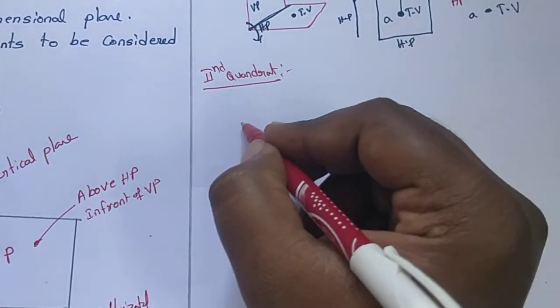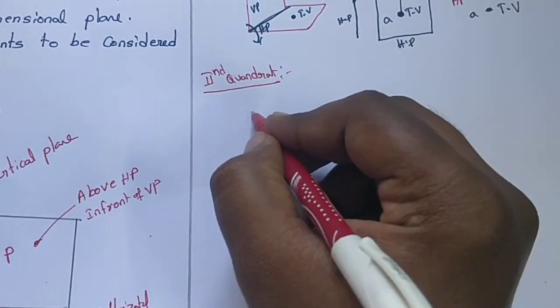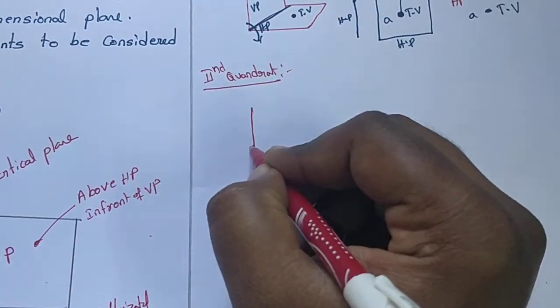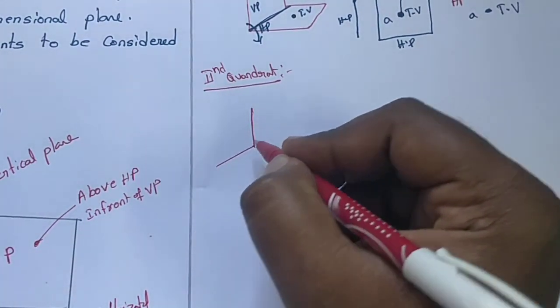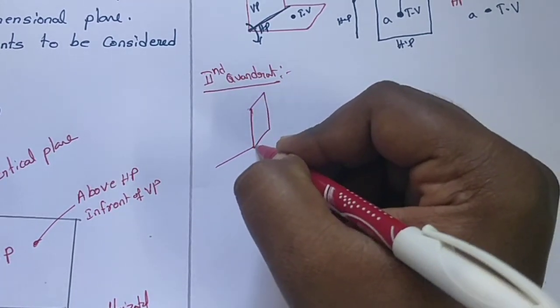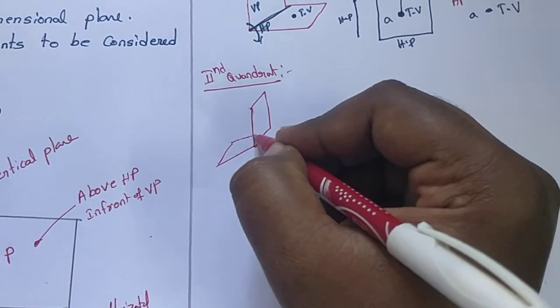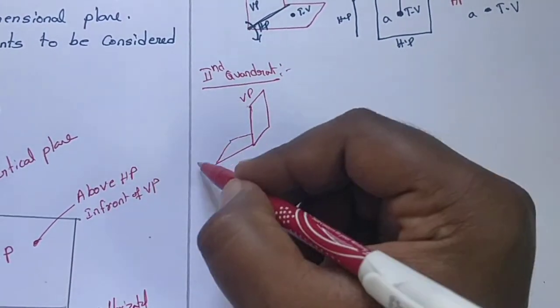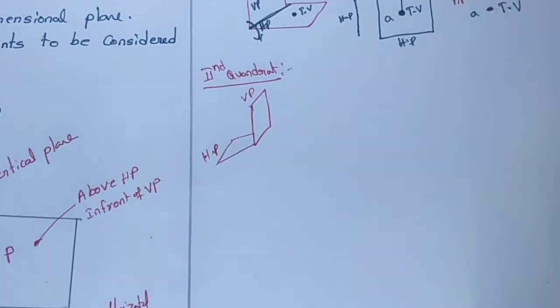Suppose for the second quadrant, it is the vertical plane and it is the horizontal plane, it is the baseline.